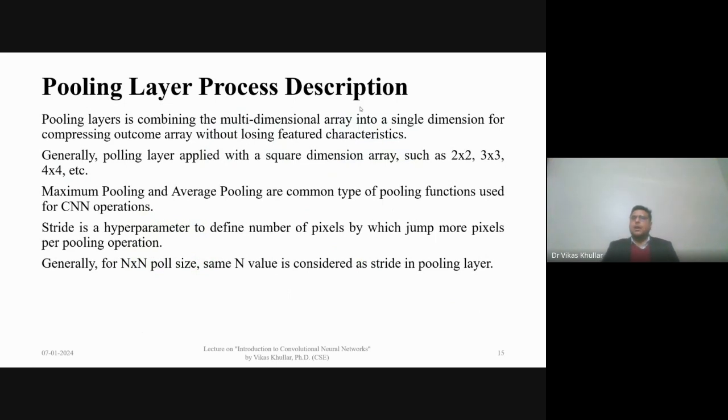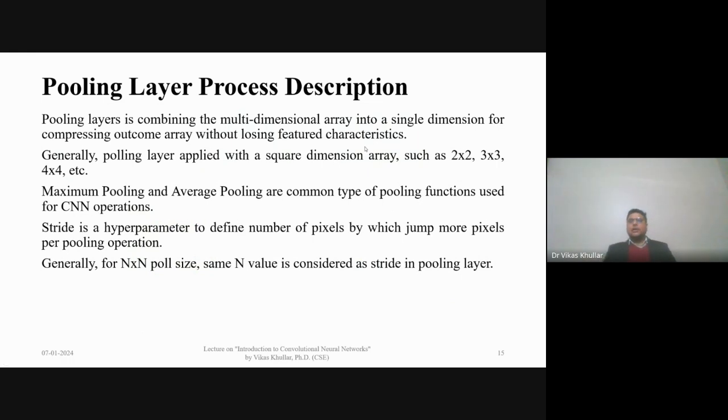Now, the pooling layer process description. The outcome of the convolutional layer is fed to the pooling layer. Pooling layer combines the multi-dimensional array for compression. It reduces the image size without losing the featured characteristics of that image.